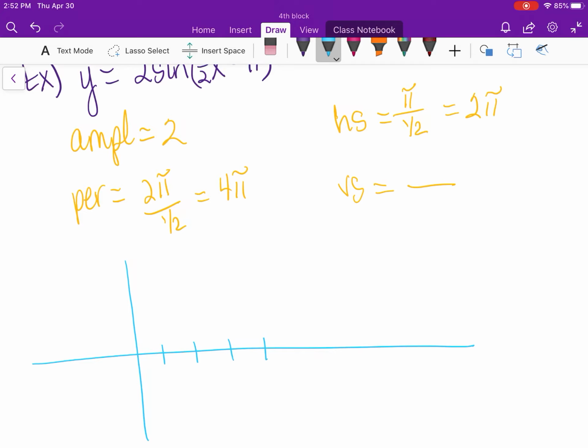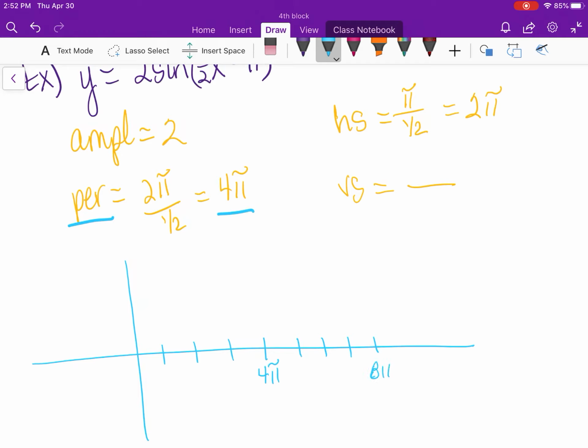So right now I have 5 spots for those 5 main points. Now I know it has to go through that cycle during my period, so from 0 to 4 pi. So I'm going to make my 4th mark 4 pi. And that way I have a spot for each of those key points.